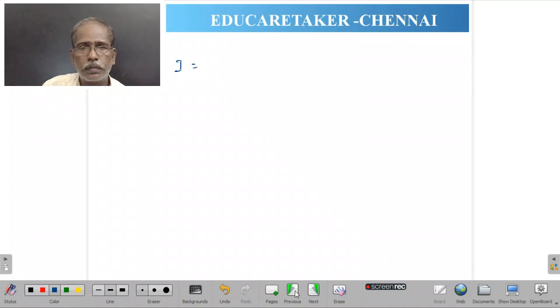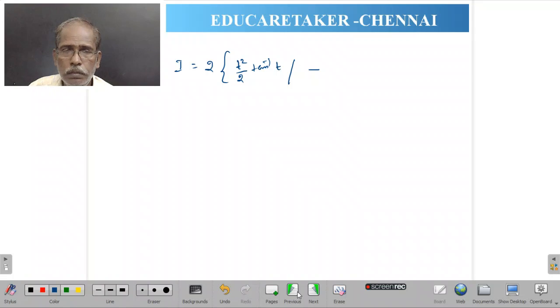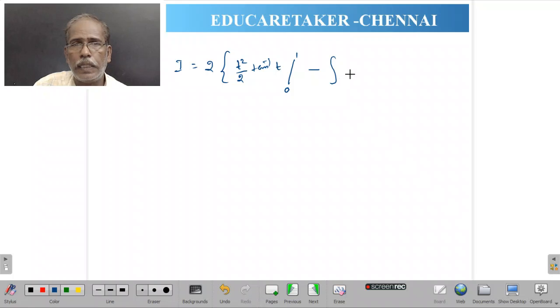I equal to 2 times u into v. u is tan inverse of t and v is t square by 2, into tan inverse of t, with lower limit 0 and upper limit 1, minus the integral from 0 to 1 of v, t square by 2, and the derivative of tan inverse, dt by 1 plus t square.